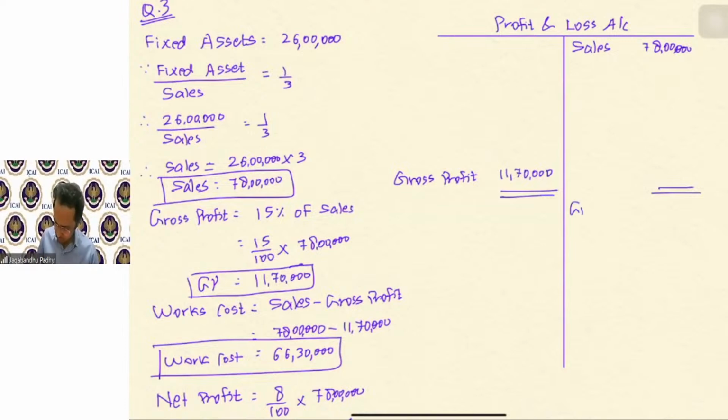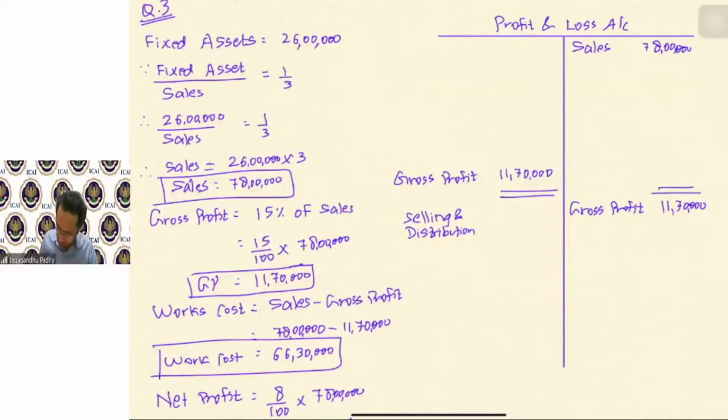We bring this gross profit down, and then we have selling and distribution.